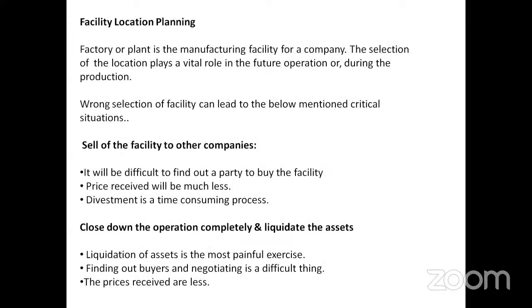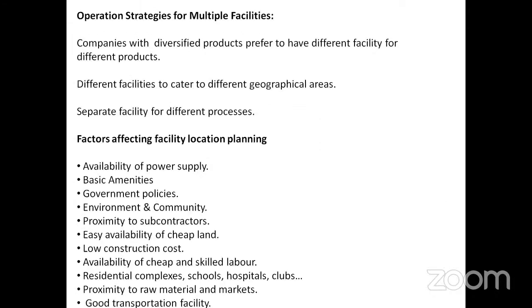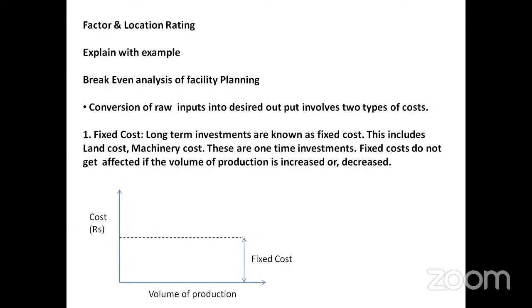Now, we discussed the factors affecting the location of a facility and how to finalize the location of a facility using the factor rating method. Then we discussed the break-even analysis method used for finding the location of a production facility.